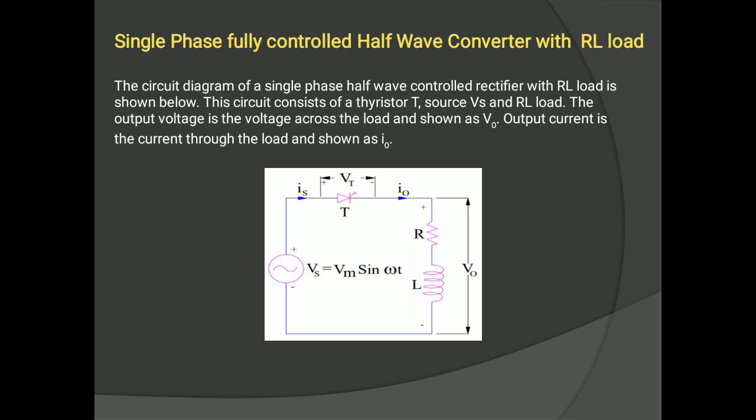Now we will study the single phase fully controlled half wave converter with RL load. Here this circuit consists of an AC voltage Vs equals Vm sin omega t, a thyristor T and an RL load. And we consider output voltage V0 and output current I0.